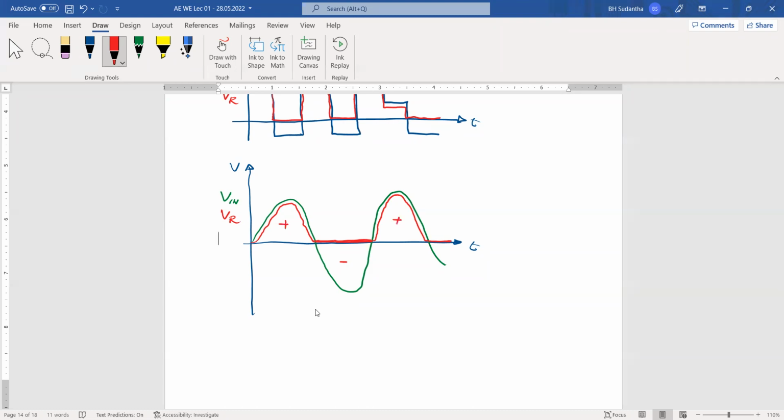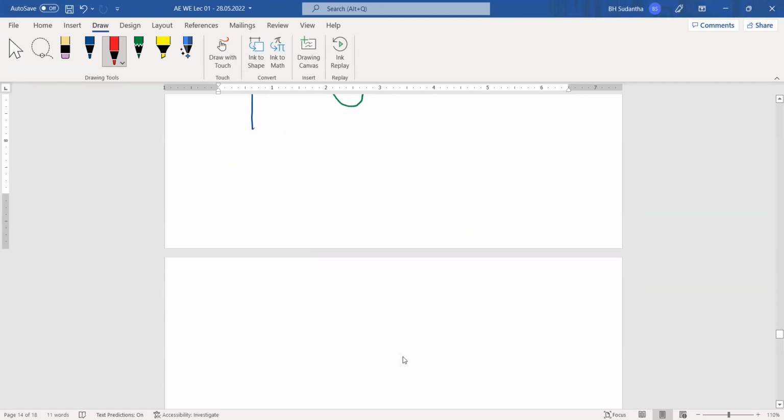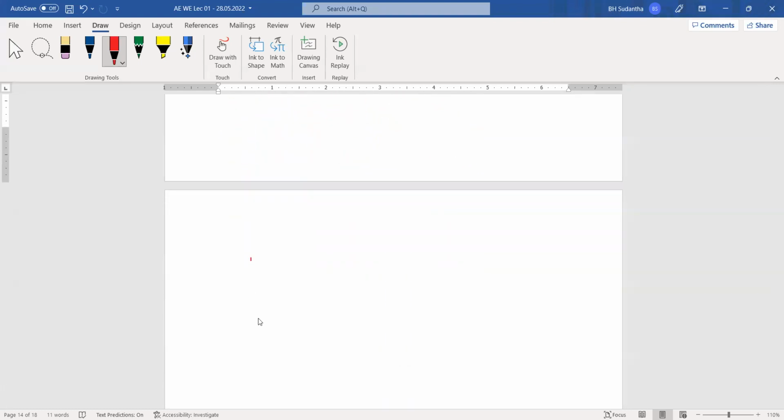If you apply this type of waveform to the diode, from the output side we can see only positive half cycles like this.